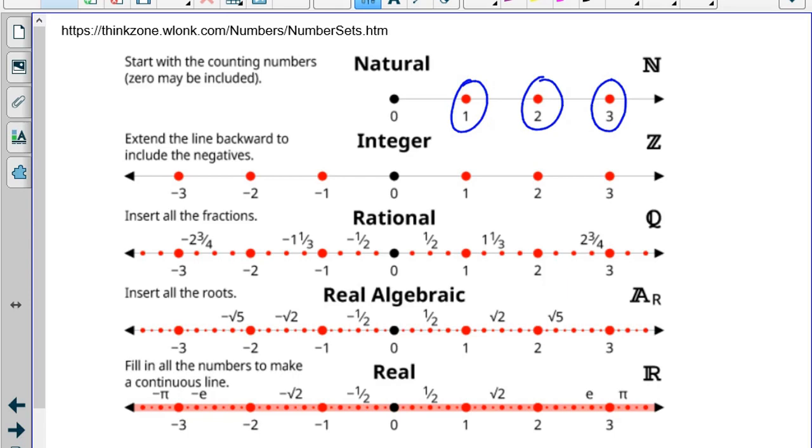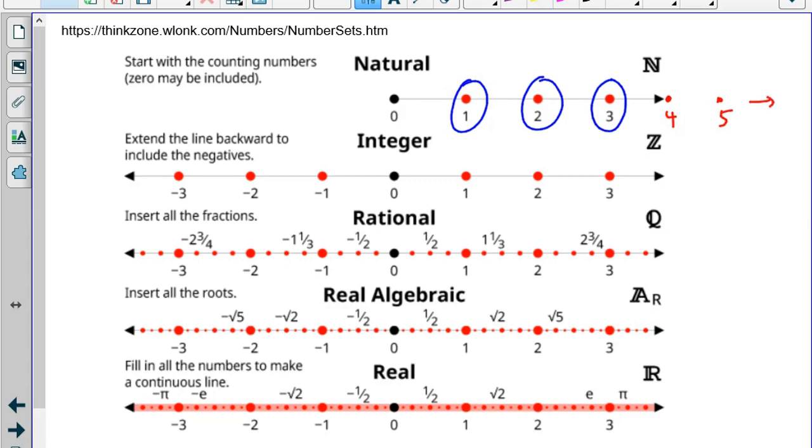Everything between 1 and 2 that is a real number is not included in the natural numbers. Okay, so there are gaps in between those types of things. And obviously it continues on. So we could have 4, 5, and so on all the way across.